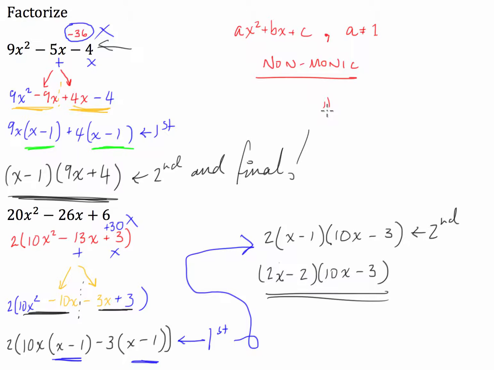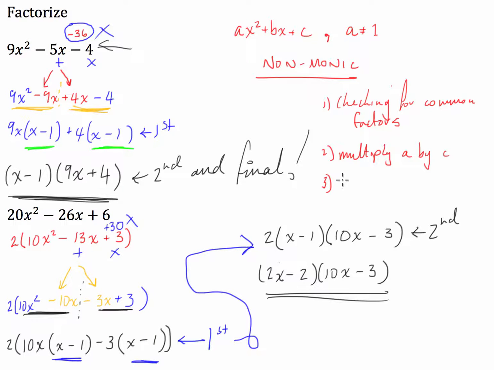So number 1 is we're checking for common factors. Number 2 is you multiply A by C, so that's how I got this negative 36 and positive 30.